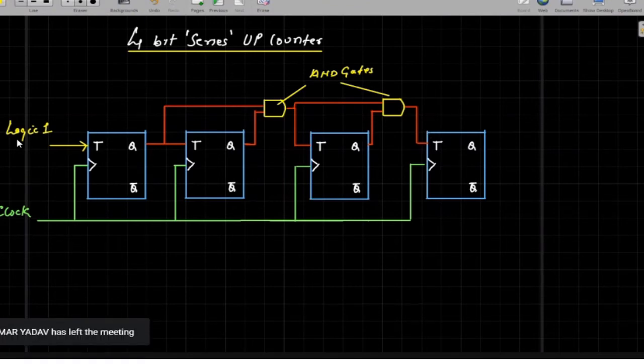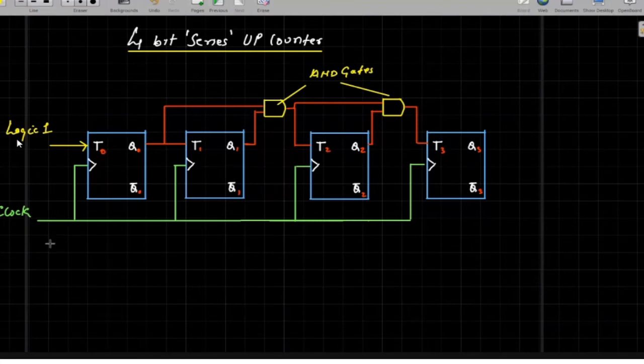Or before that you can also write this as T0 Q0 Q0 bar, T1 Q1 Q1 bar, T2 Q2 Q2 bar, this is T3 Q3 and Q3 bar.